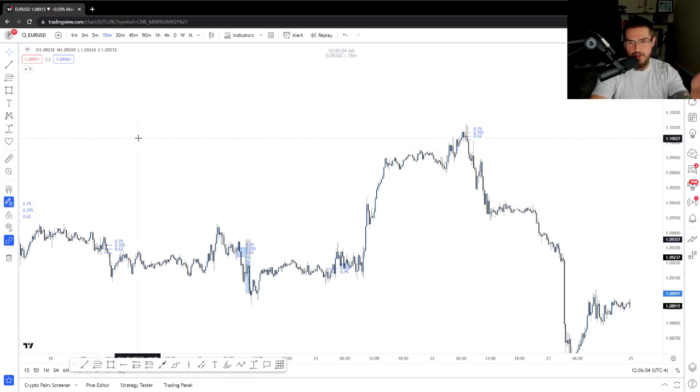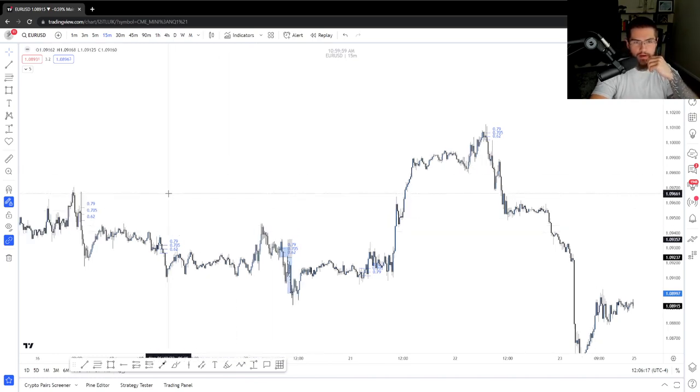So, don't be trying to trade Aussie JPY. It might work, but the way that I would use these, I wouldn't be using pairs that aren't really tightly correlated with whatever session you're looking for.